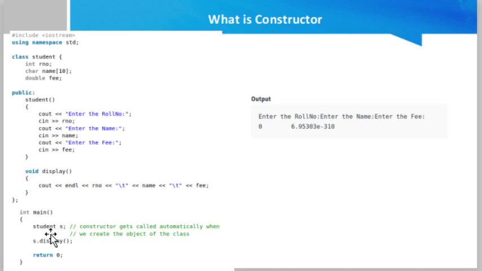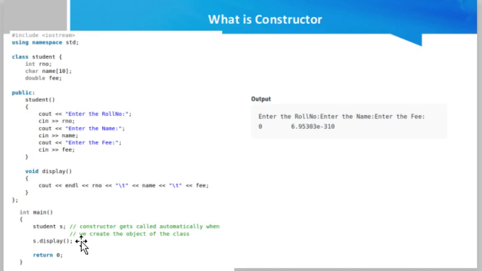Here, see, we created an object of the Student class. When we created the Student object here, the constructor will automatically execute, okay, and it will prompt on the screen to enter the roll number, name and the fee, and then we call s.display and it will basically call this display method and then return.